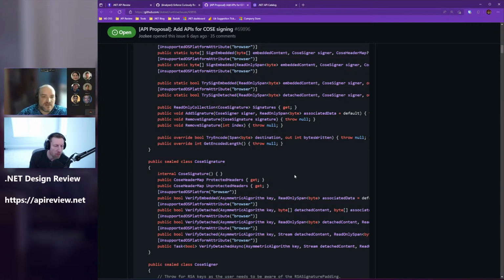And why do you have remove signature with an int, just for fun? So this is copying API from Sign CMS, where we have remove signature that takes an int. The remove signature that takes a COSE signature uses reference equality to figure out the int. So if you knew the int, it's actually better to just pass it.